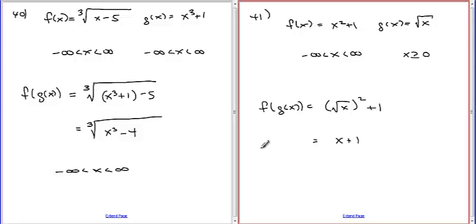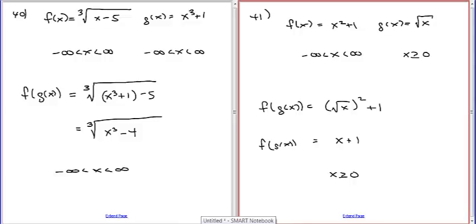Now the question is, here x has to be greater than or equal to 0. So even though when I multiply this thing out, I get x plus 1, I can't just look at this equation and say that the domain is all real numbers, because the previous step, before I simplified it, had the restriction that x had to be greater than or equal to 0. So you always look at it at this point, not at the final point.